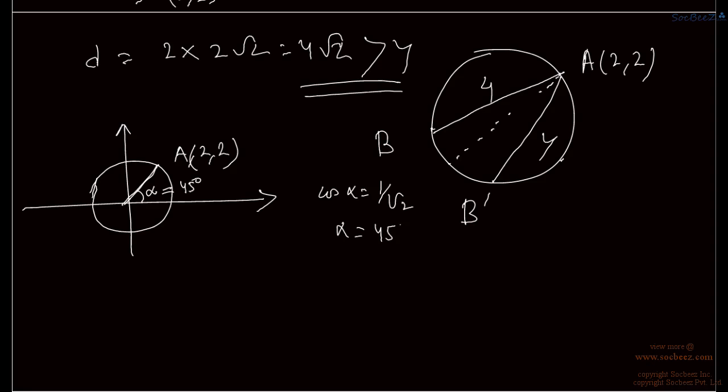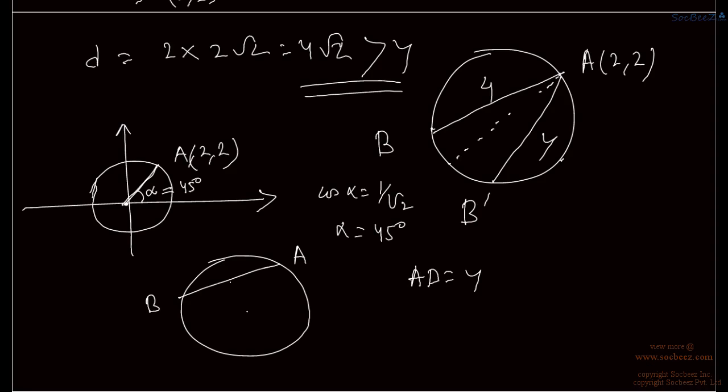So alpha is 45 degrees, right? Suppose this is point B, this is A, and AB is given as 4.